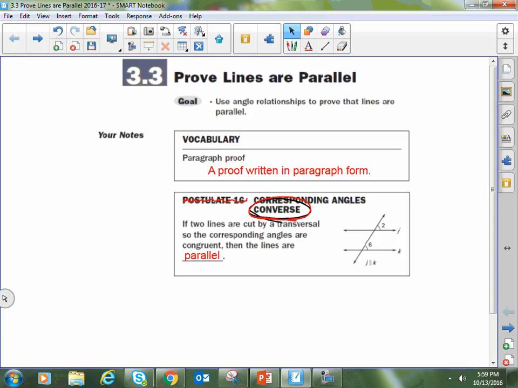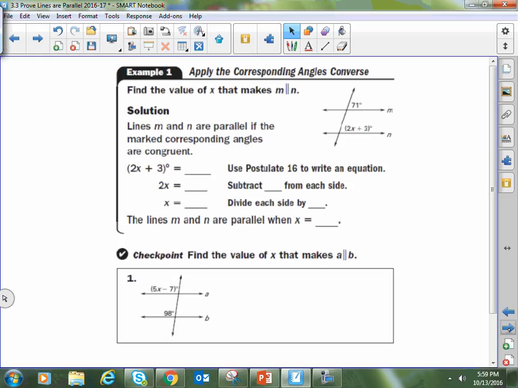So again, there's that converse relationship. Previously we said if the lines are parallel, then the angles are congruent. So now we're turning around and saying if these corresponding angles are congruent, then the lines must be parallel to each other. So same idea, just flip-flopping it around.